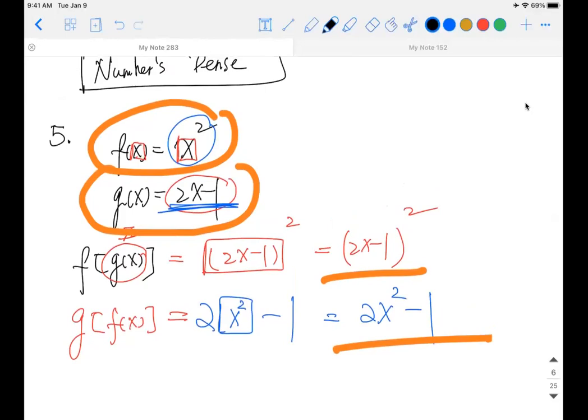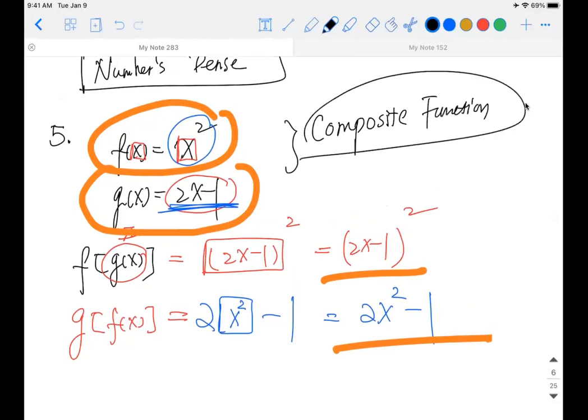So we just want to give a name for this kind of function: composite function. I think the name speaks for itself. Composite means this function is composed by using one function, two functions, or multiple functions.